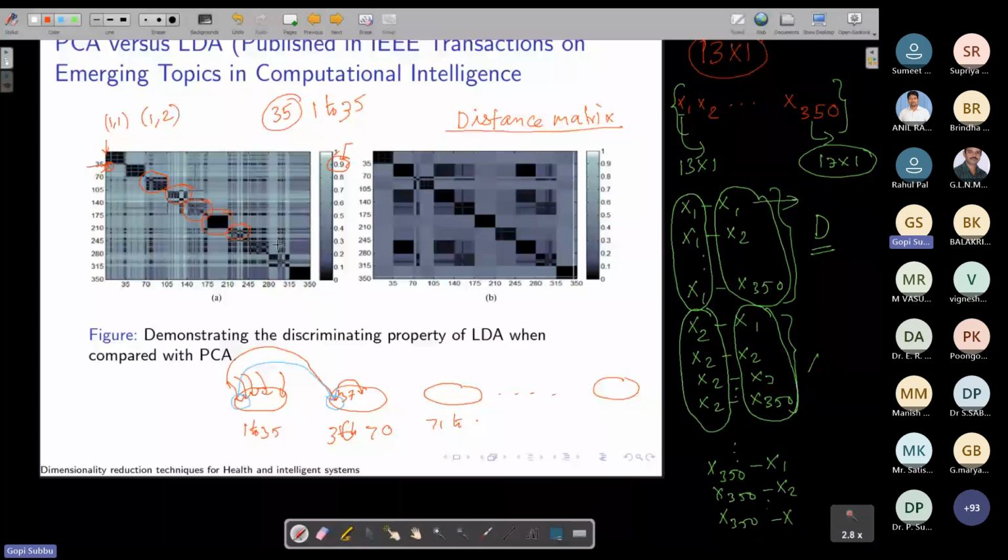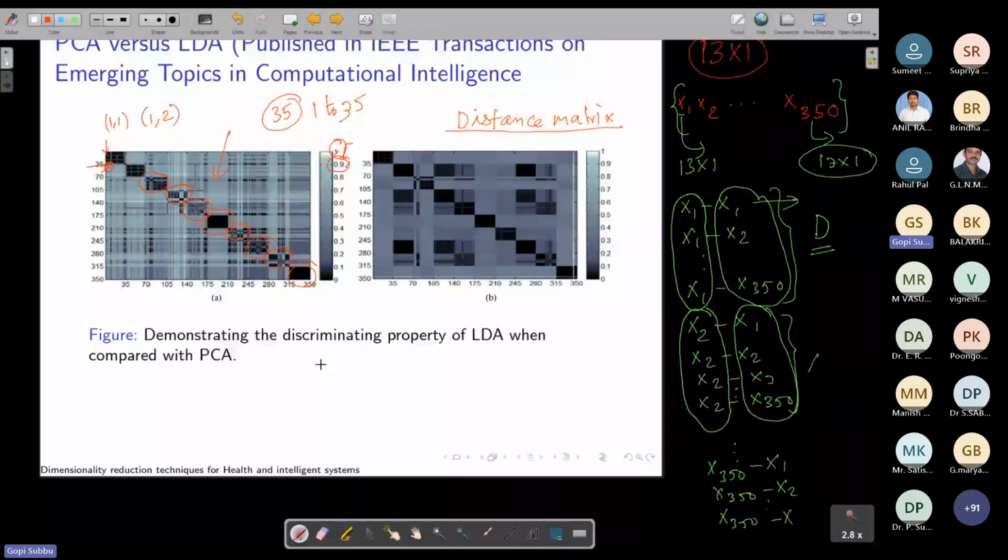Ideally, what we expect here is that all these values are very large, normalized to 1. And the block diagonal needs to be pure black. That is the ideal thing we expect after projection.